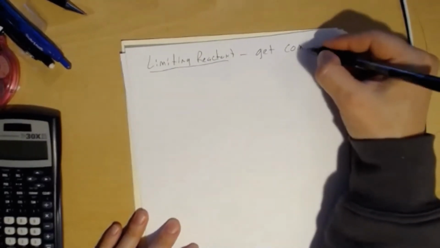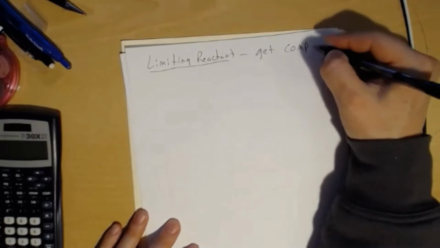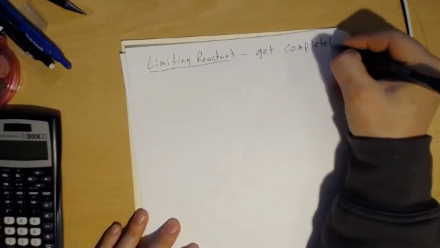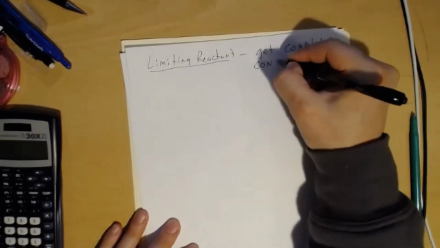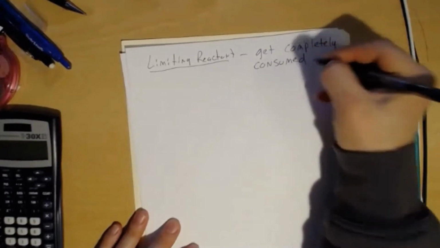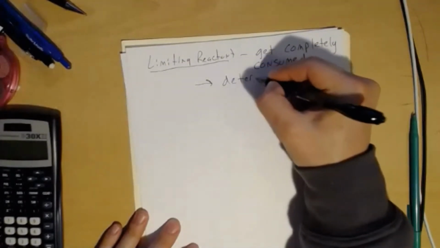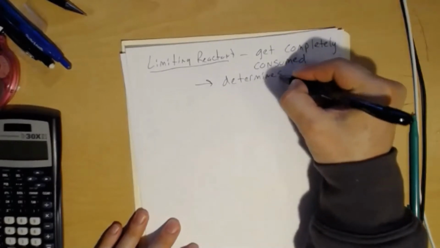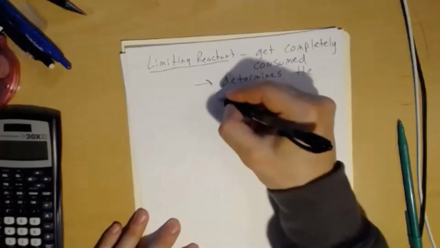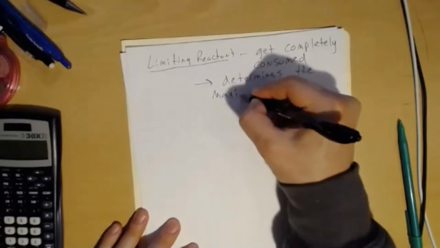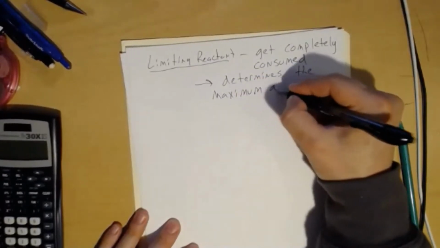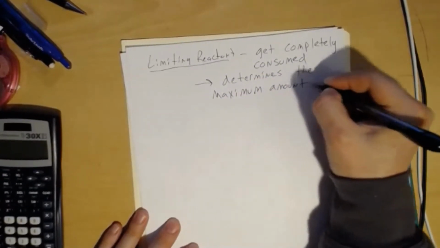So how many handlebars were left when we were building bicycles? 0. There were 0. And the limiting reactant determines the maximum amount of product.